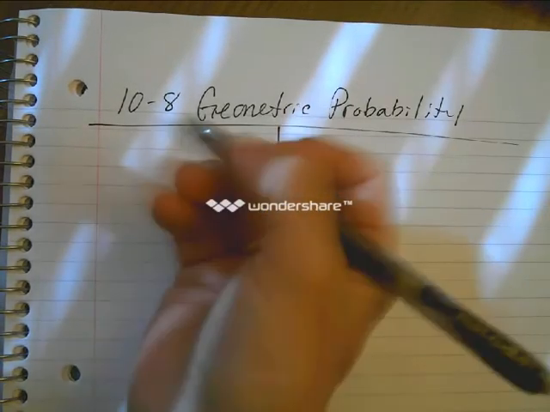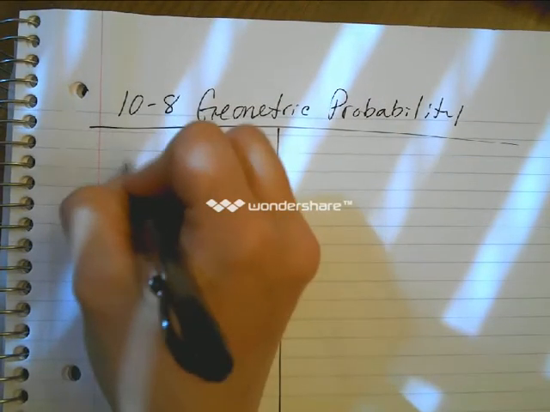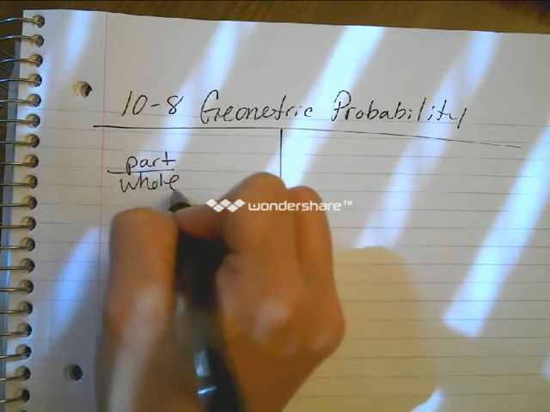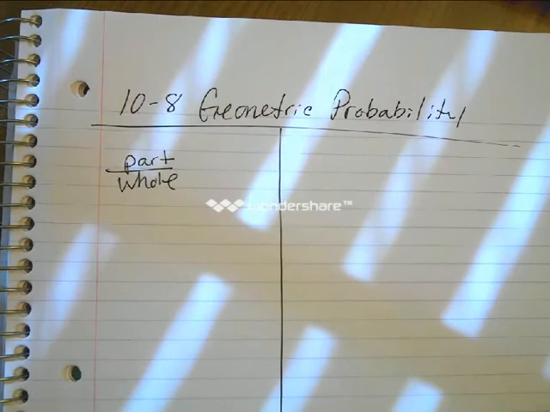Alright, so the basics is you want the part over the whole, which you've already understood with this ratio concept when we did our circle sections. So let me give you an example.